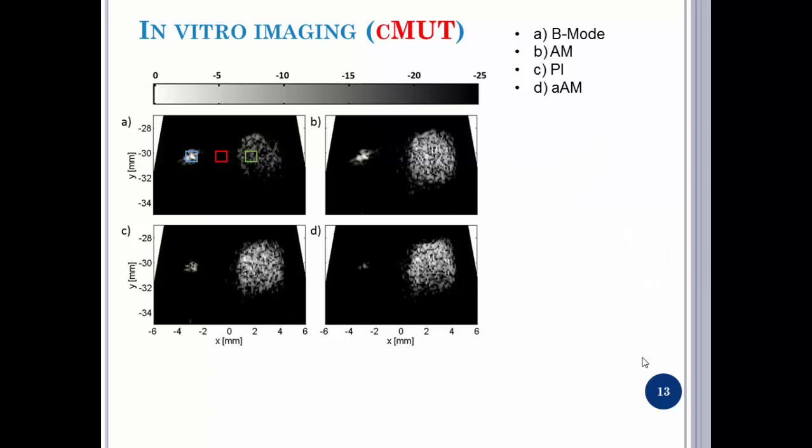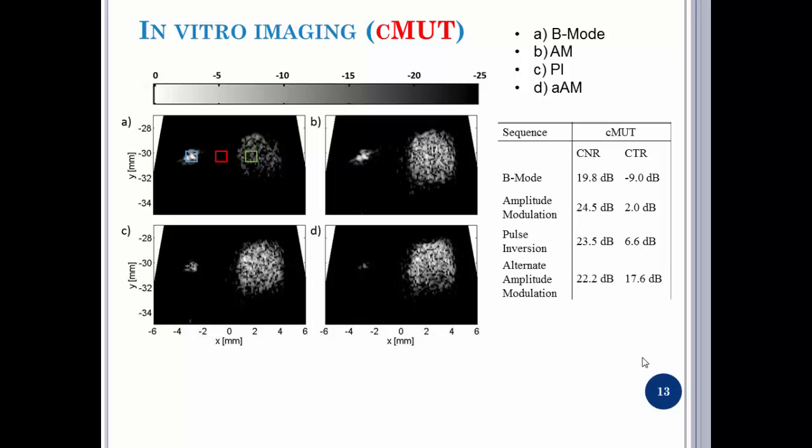If you look at Cmut, as expected, the first three, which are B-mode, classic amplitude modulation, and pulse inversion, don't work. If you look at the values of contrast to noise ratio and contrast to tissue ratio, you have an increase of the contrast to tissue ratio until alternate amplitude modulation.